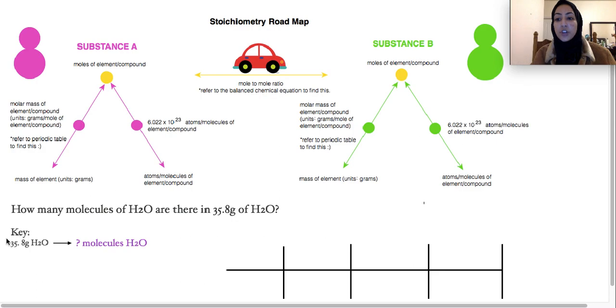Perfect. So knowing that I start with 35.8 grams of H2O, I'm going to go ahead and write that in my first box right here. Sorry about that. All right, so that's going to be 35.8 grams of H2O.